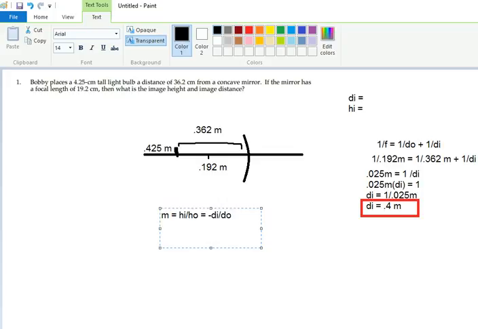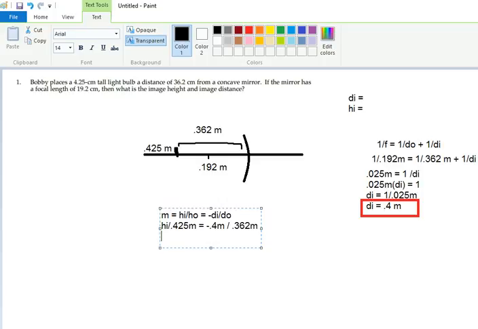We're trying to find hi, and we're given ho, and that would be 0.0425 meters, and that would equal negative di, which we just found, so negative 0.4 meters, divided by the distance between the object and the mirror, which would be 0.362 meters.